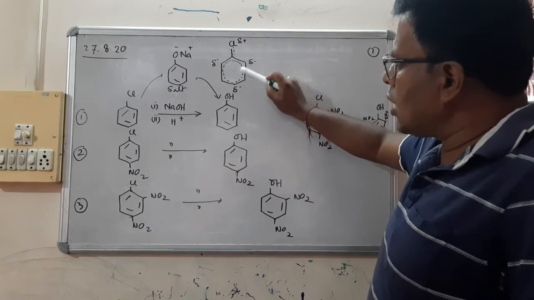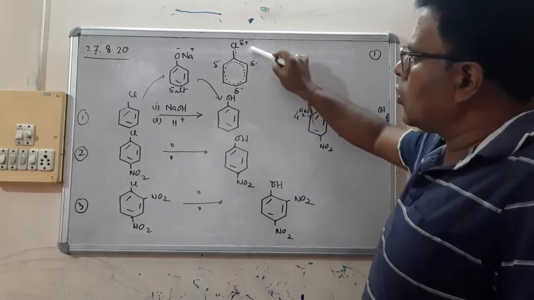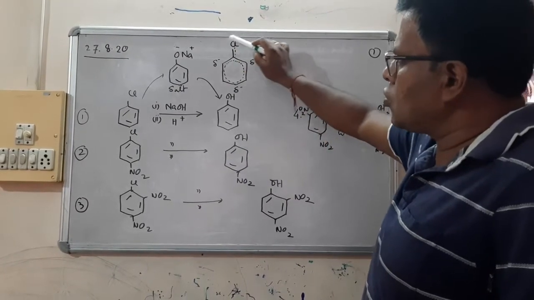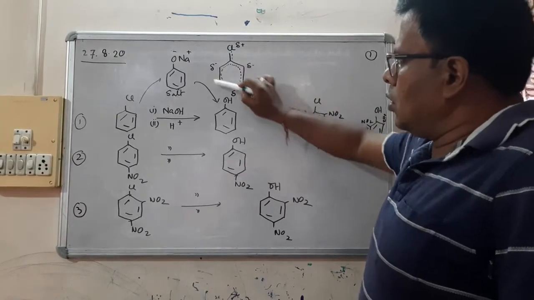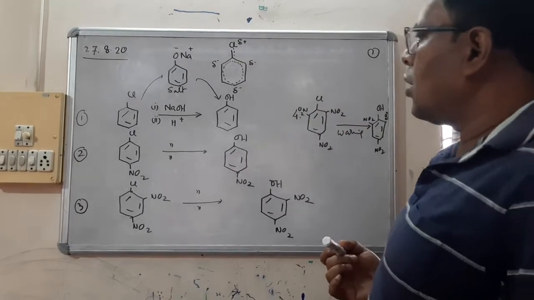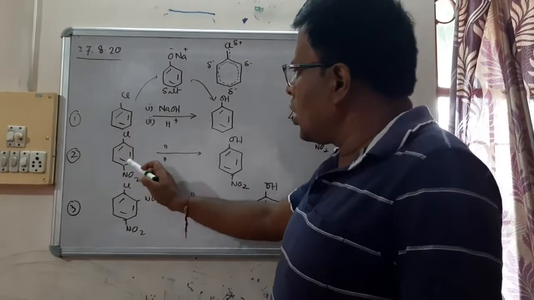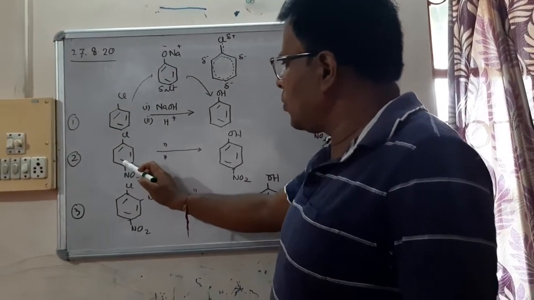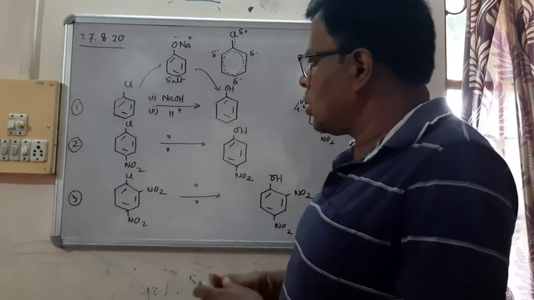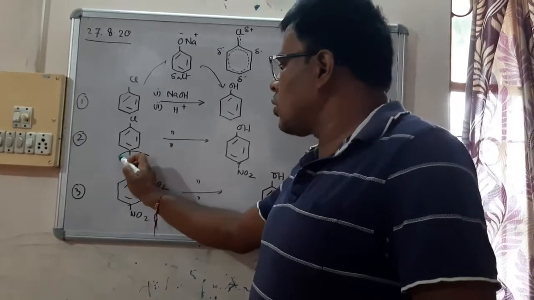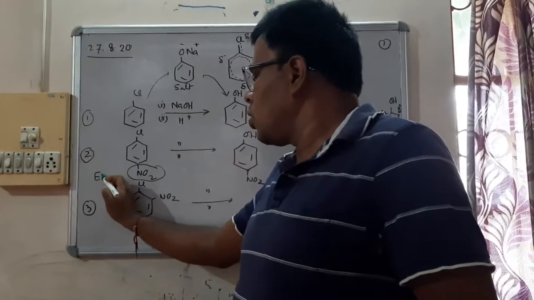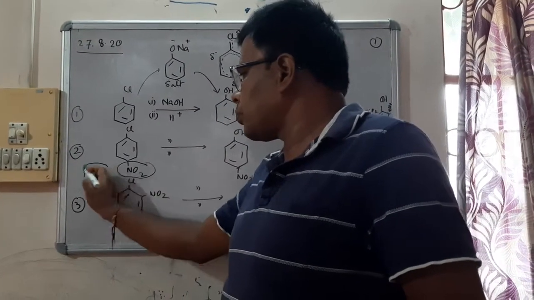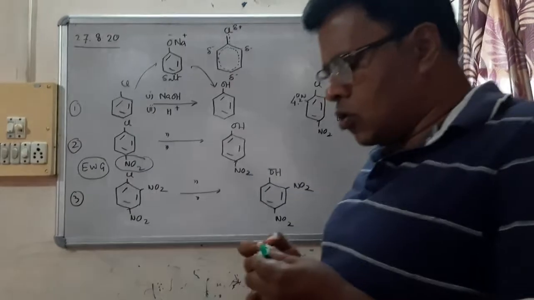There is minus charge at the para position. This we get after drawing resonance of haloarene. And if there is a NO2 group at the para position, now NO2 is what sort of group? You should know NO2 group is an electron withdrawing group.